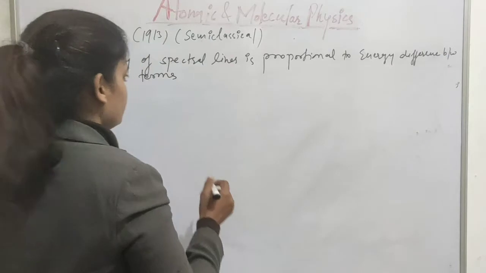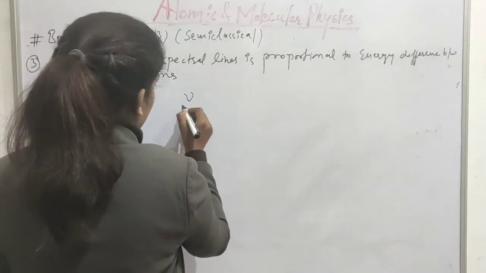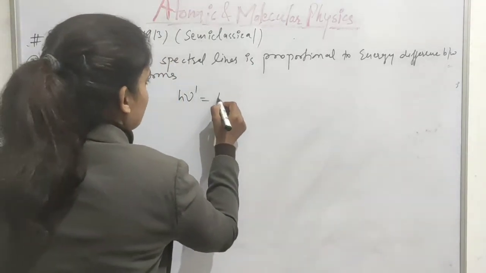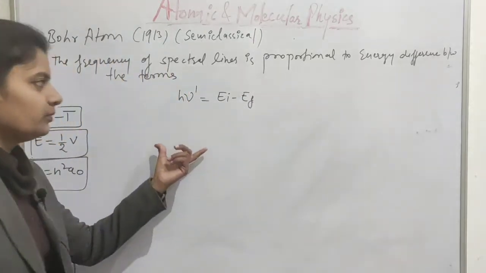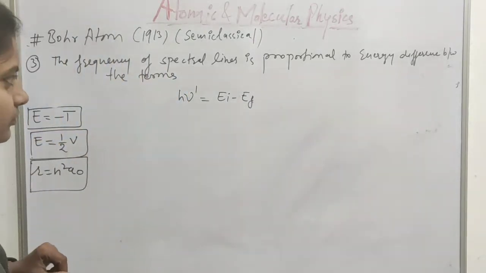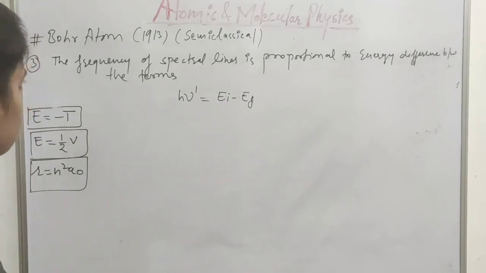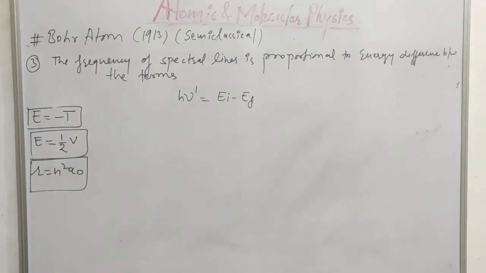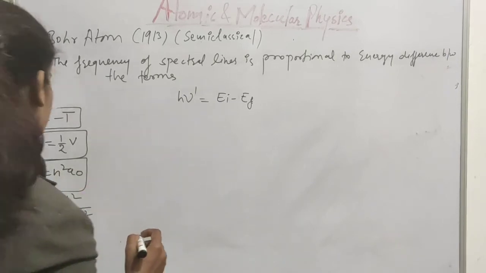So we can write, the frequency is represented by nu dash. So h nu dash can be represented as E initial minus E final. So this was the calculation for frequency in the case of hydrogen spectra.